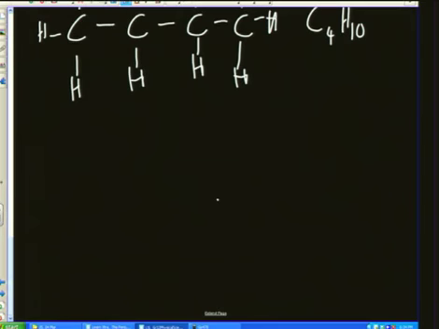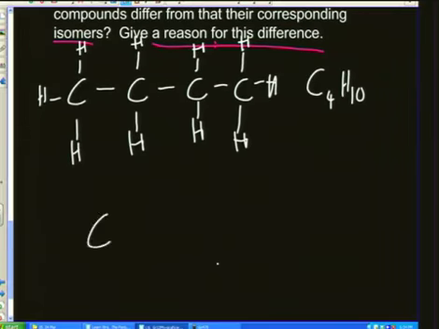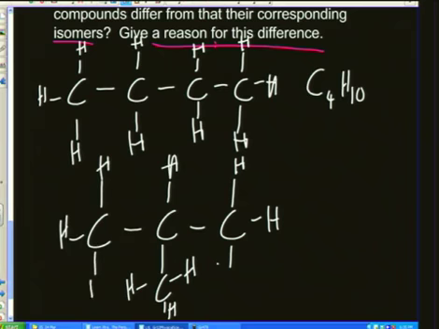Okay? Now, we wanted methyl propane. Methyl propane is only going to have 3 carbons in the longest chain. Notice that it is still C4H10. We'll see that in a minute. Still C4H10, but there's a methyl group over here in the middle.